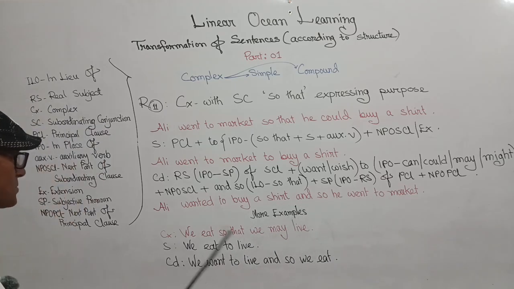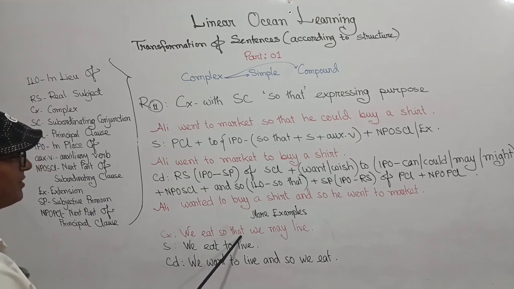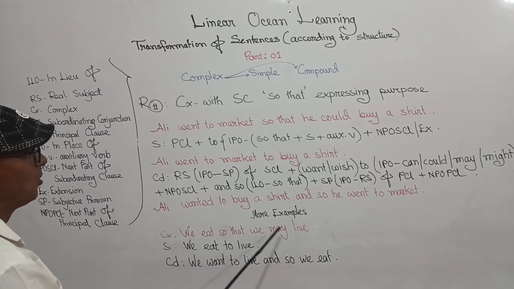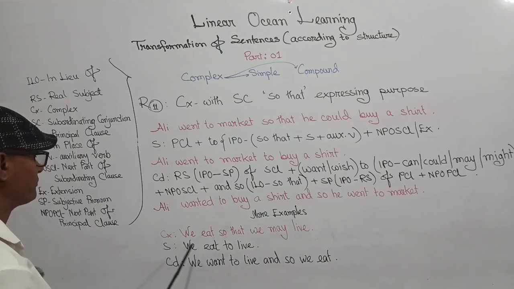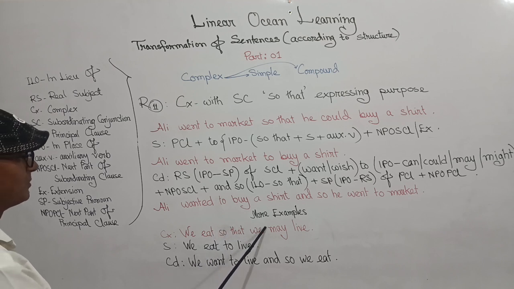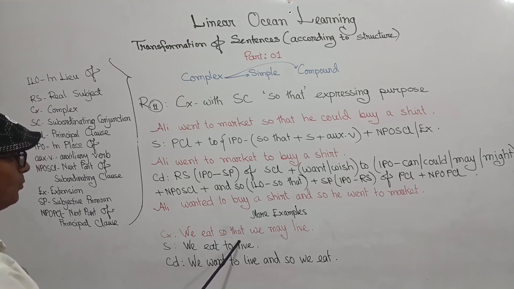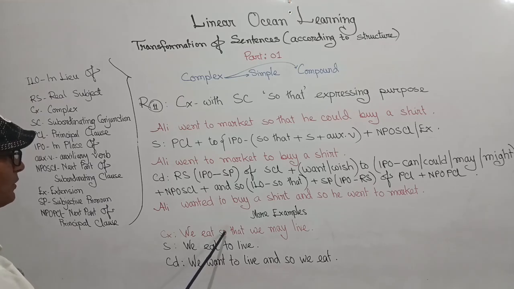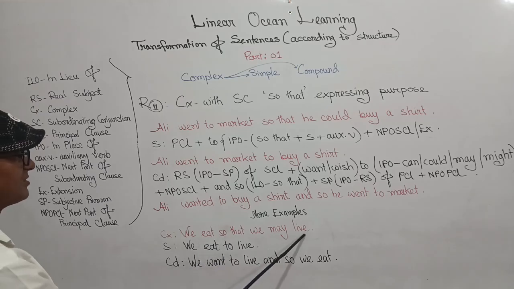More examples. Complex: We eat so that we may live, or we can live. Simple: We eat to live. That means in place of "so that" plus subject plus auxiliary verb, we will have to put just "to", then the extension, live.